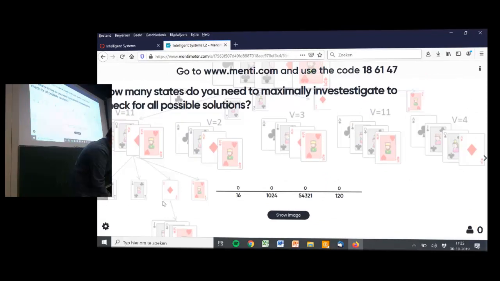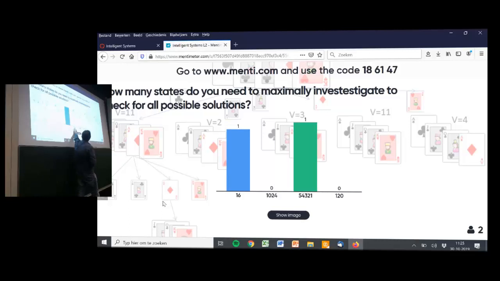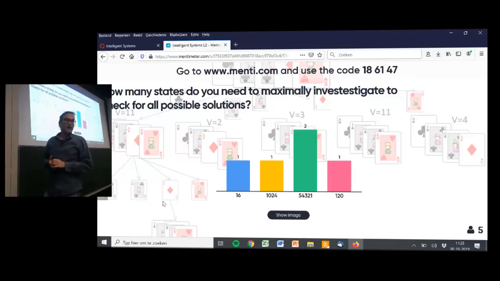The question is, if we have this game now, 5 cards, you play 1 card, then the question is, how many states do you need to maximally investigate to check for all possible solutions? Is it 16, 1024, 54,321, or is it 120?